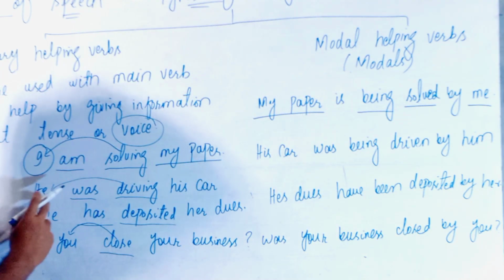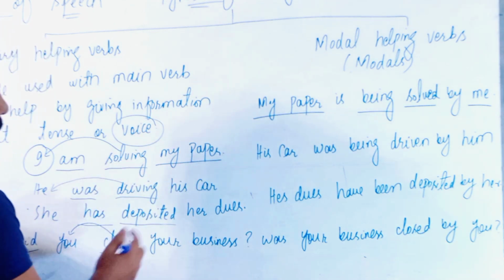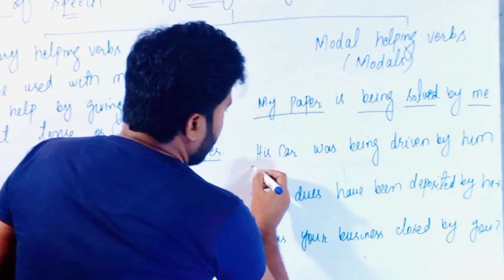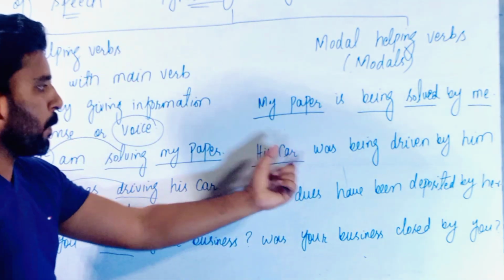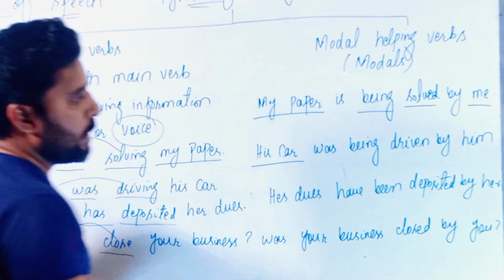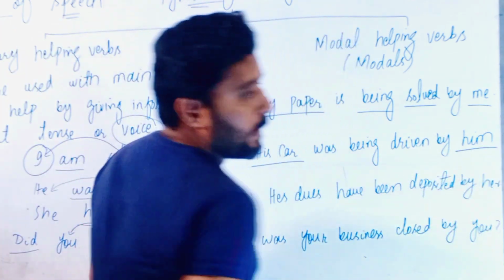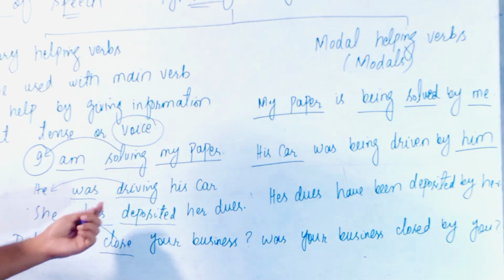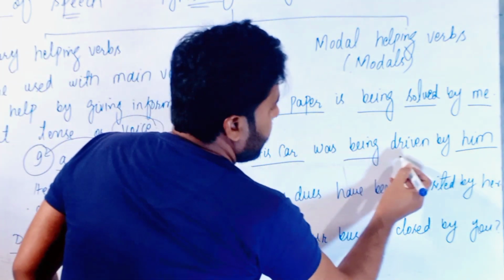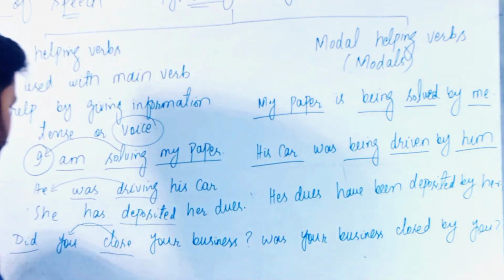In the second example, he was driving his car. So in the passive voice we have made object of the sentence in active voice as the subject of the sentence in passive voice. We made subject of the sentence in active voice as the object in passive voice, and we have changed the present participle form as being plus past participle form.